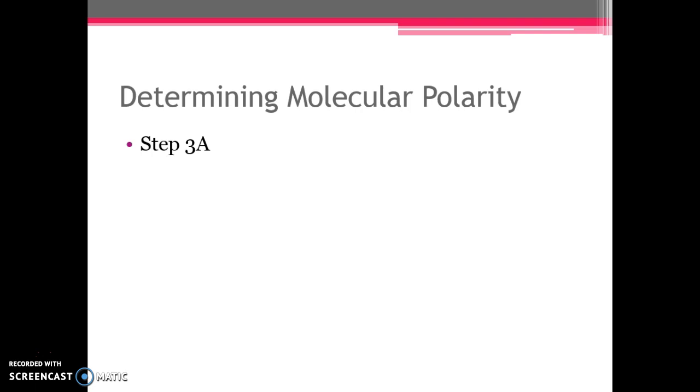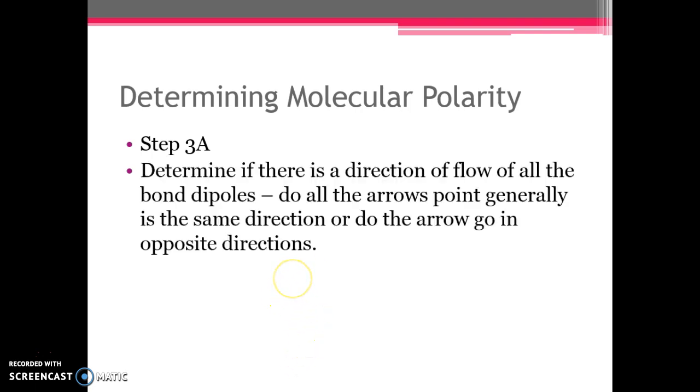So there's two ways that you can determine the polarity of the molecule. 3A is probably the easier of the two ways at this point, because 3B can be a little complicated, the idea of symmetry. So this idea is for you to take a look at the direction of the bond dipole arrows. If all the arrows are pointing in the same general direction, that means the electron density is being pulled in one direction. That means the molecule itself is going to be polar.